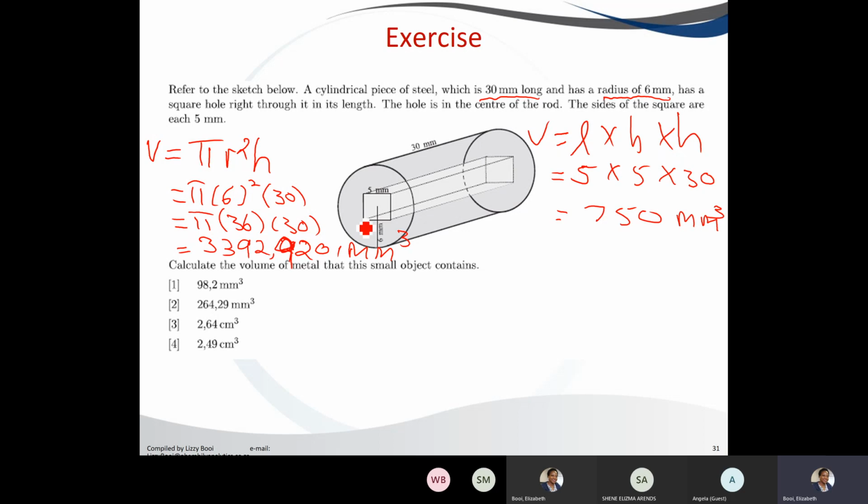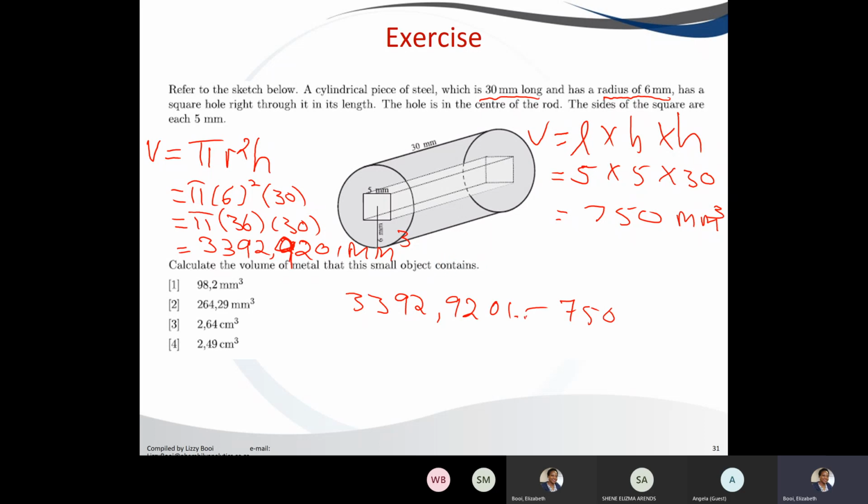Now, since we know it's in millimeter cubed, we can convert from there. We take the volume of this, 3392.9201, minus 750.